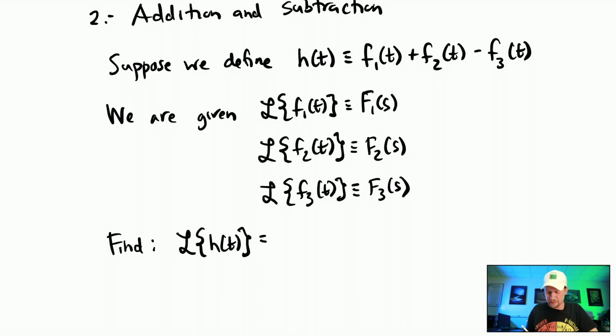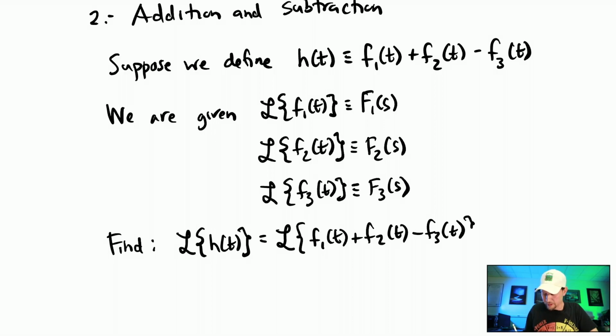Well, this is relatively simple to do. The reason being is if that happens to be h, well, then this is also the Laplace transform of f of 1 plus f of 2 minus f of 3, like this.